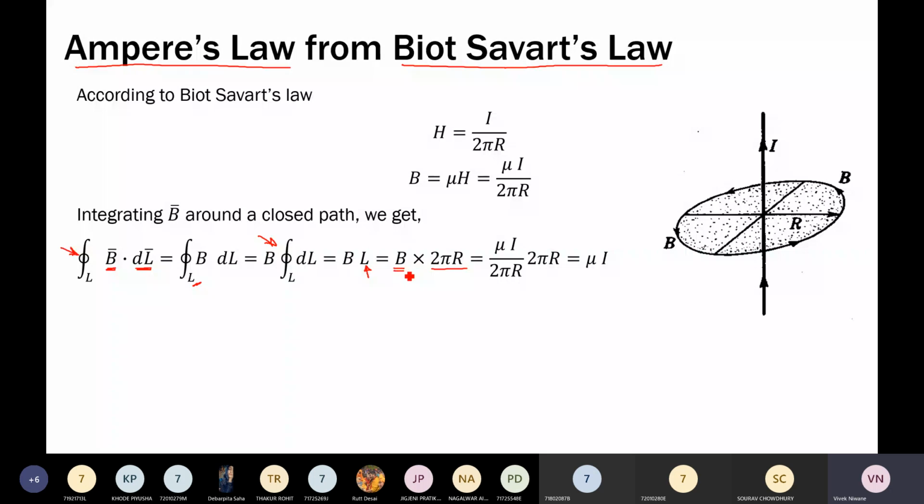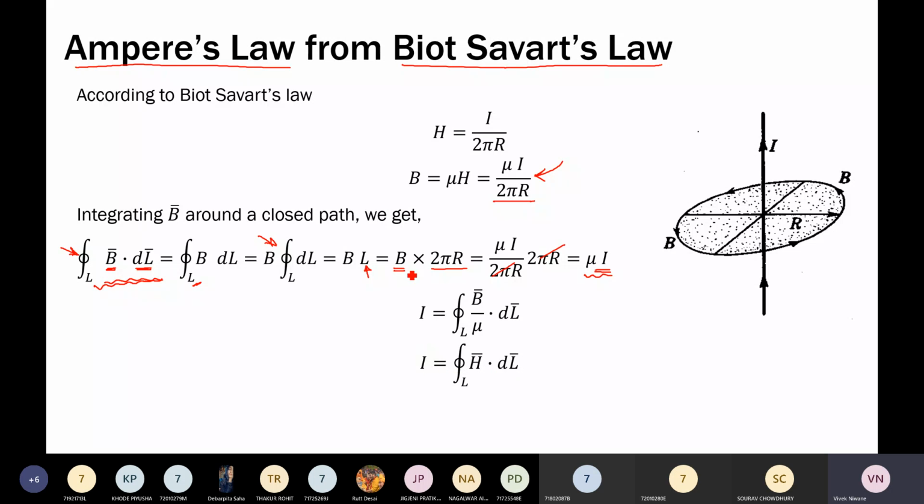Also we know that B is nothing but mu I upon 2 pi R, which is from the Biot-Savart's law. Put the term for B as mu I upon 2 pi R into 2 pi R. So 2 pi R gets cancelled out, and we have mu I. So we can rewrite it as I is equal to the closed loop integration of B bar upon mu into DL bar, and B bar upon mu is nothing but H bar dot DL bar.